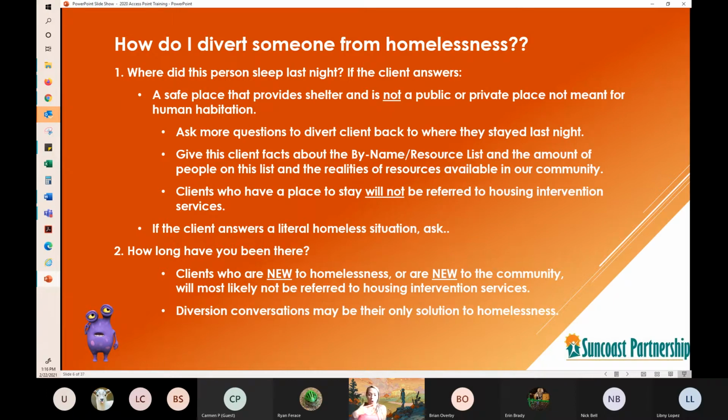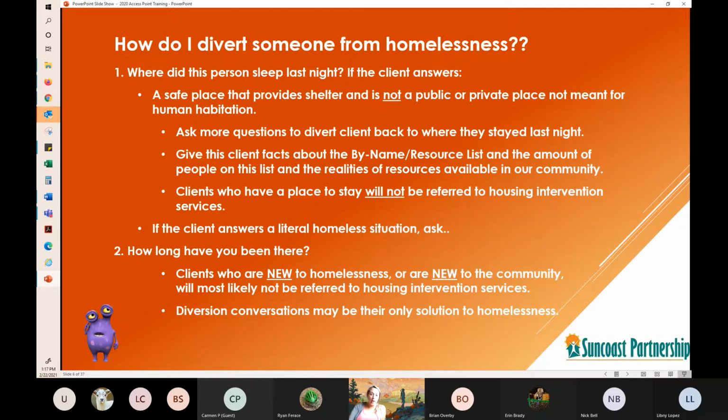But this is honestly all to deter clients from coming to our continuum of care literally homeless. Like I said before, I'm sure all of you can attest to seeing our clients that are from our area. We must serve them first.